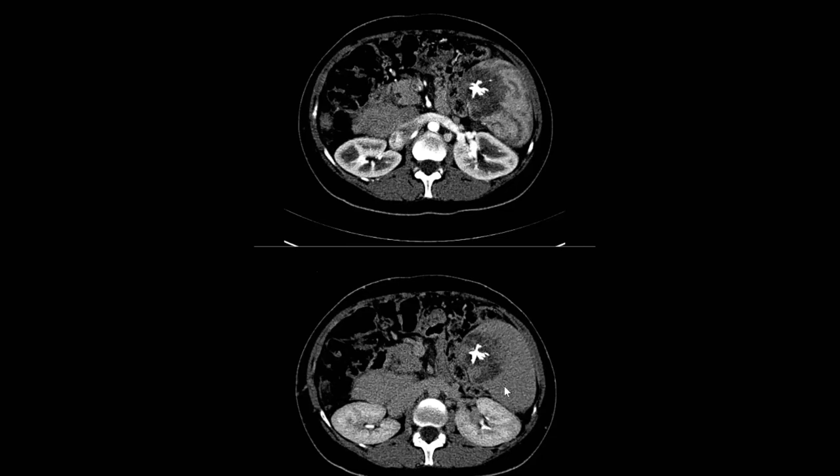So what do you see? Okay, there is a large hypodense area with central hyperdense linear hyperdensities noted in the spleen. On the delayed images, the central hyperdensities are still seen, and the lesion appears to be slightly iso to hypodense to the spleen.